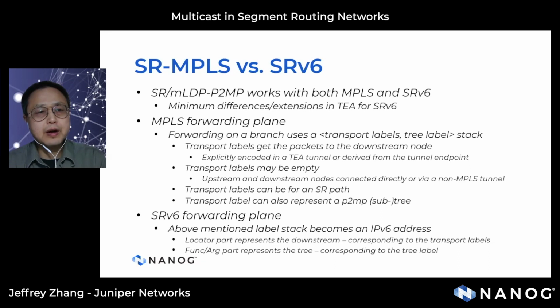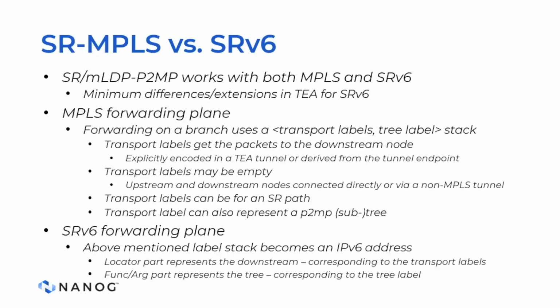Now, so far we sort of assume that the forwarding plane is MPLS, but this SR P2MP or MLDP P2MP, they work for both MPLS and SRv6 forwarding plane. We just need minimum differences or extensions in the tunnel encapsulation attribute to make it work for SRv6.